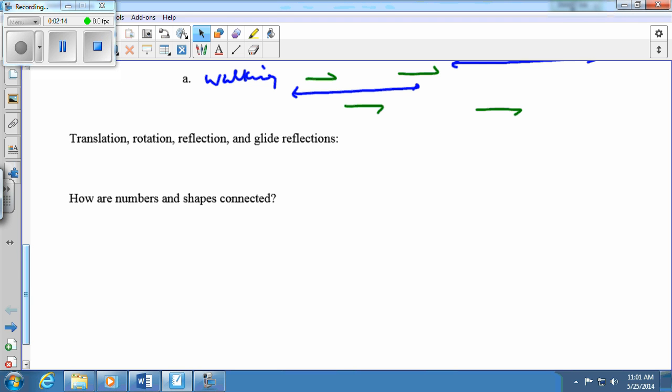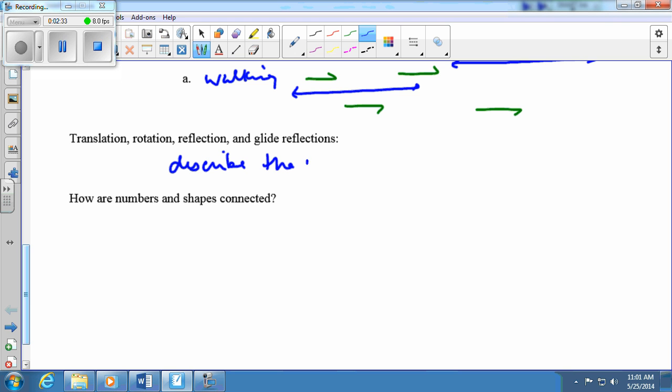So all of these translations, rotations, reflections, and glide reflections are congruent, meaning their image and their pre-image are going to be the same. But these can be used to describe the movement of any object from one location to another.